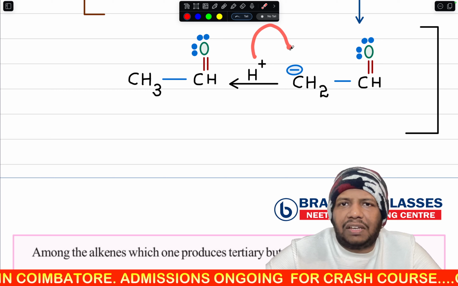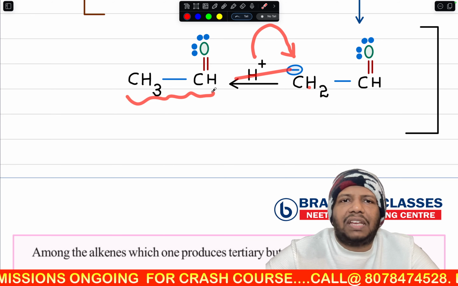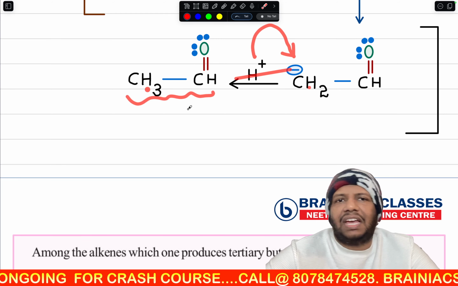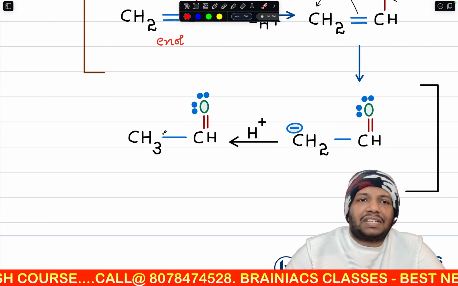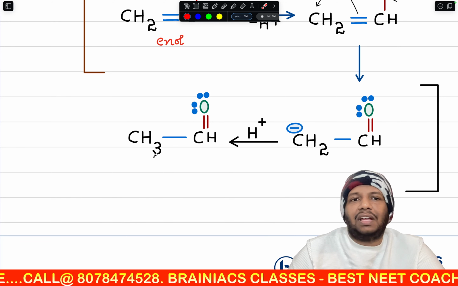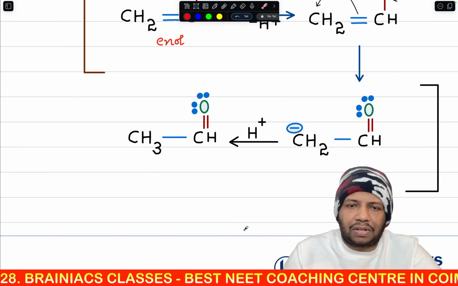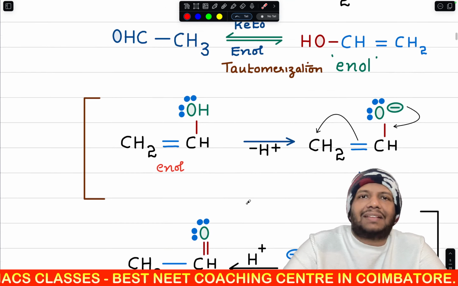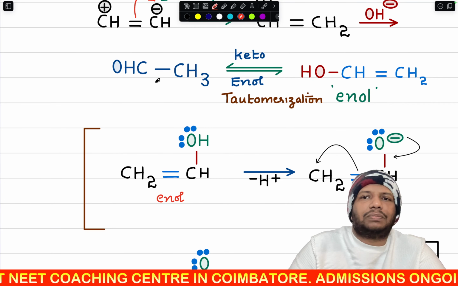This H plus has a tendency to attack the CH2 minus. So that is how you are getting CH3CHO. We cannot say it will always stay like this, because this hydrogen is also acidic, because it can remove the H plus and form this particular structure which is stabilized by resonance. So that is why it will exist between enol and keto form, and this is my keto form.